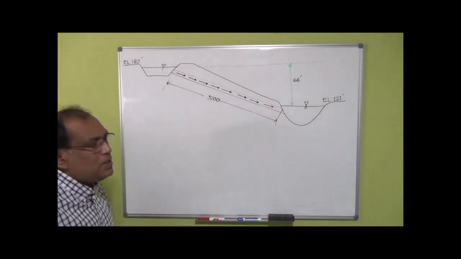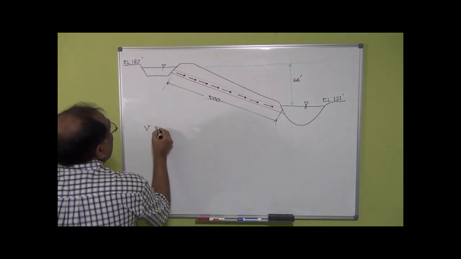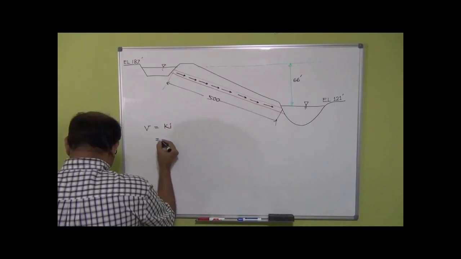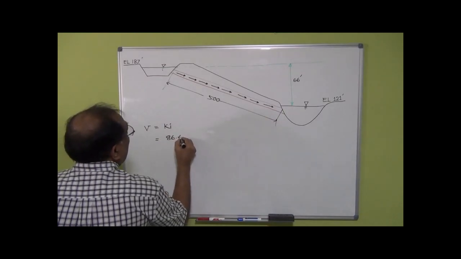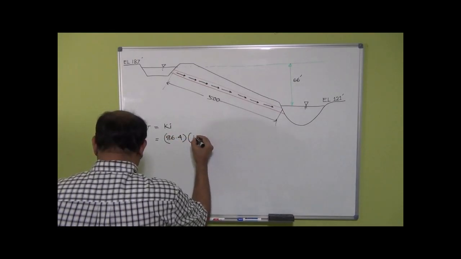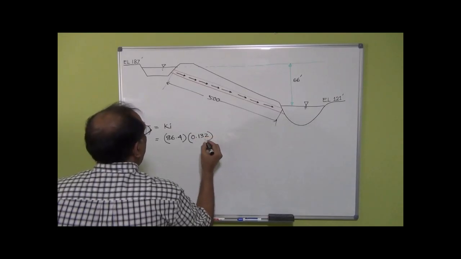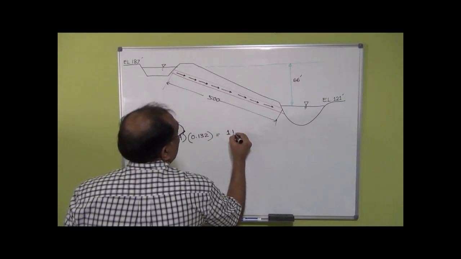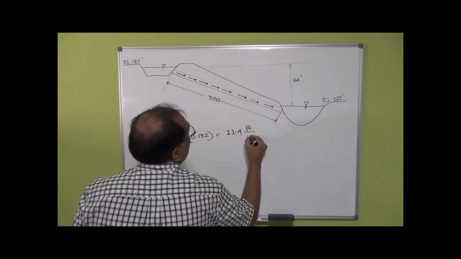From Darcy's law, you know v is equal to k i, which is, we already know k is 86.4 feet per day multiplied by your i, which is 0.0132. So 11.4 feet per day.